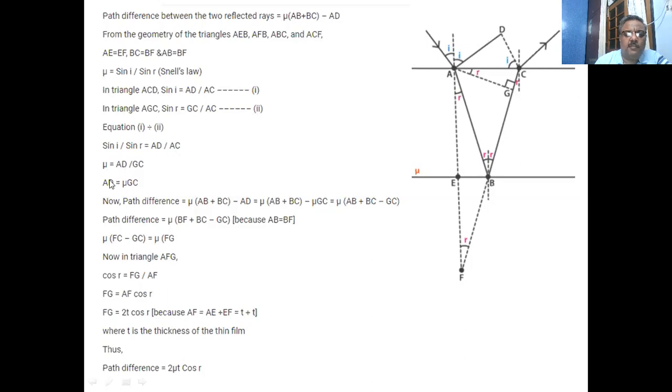So AD is equal to mu into GC. Now the path difference is mu into (AB plus BC) minus AD. So we substitute the value of AD as mu GC and combine all the terms. So this is the path difference.